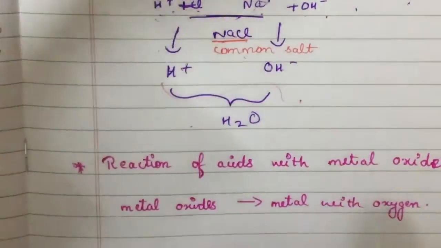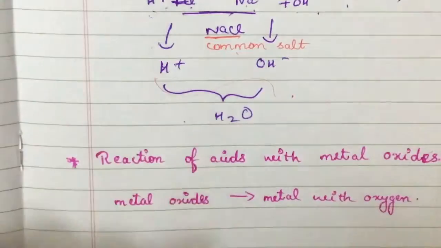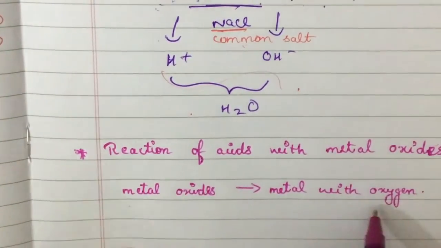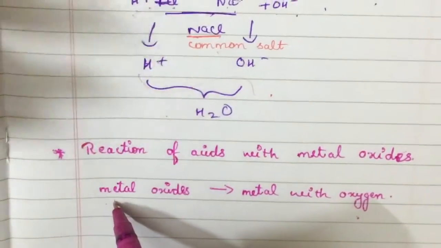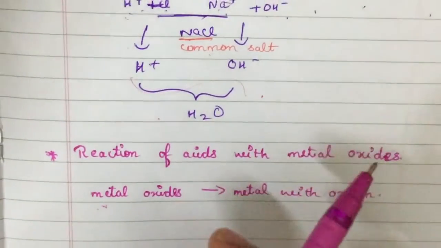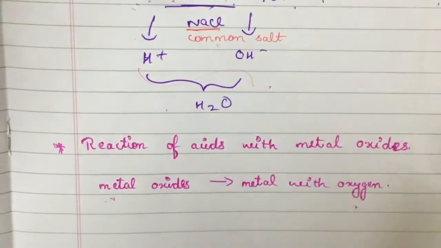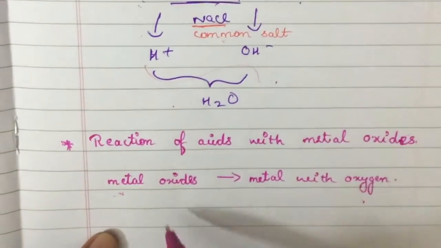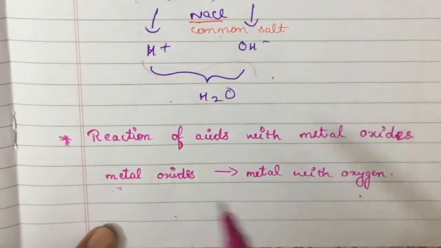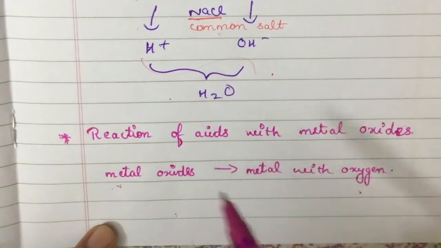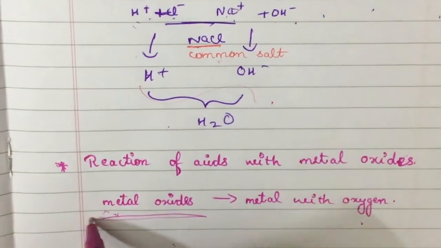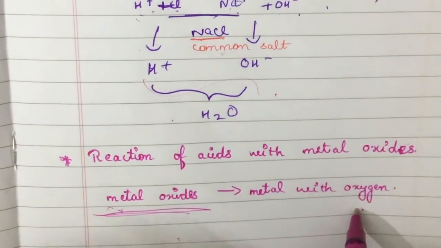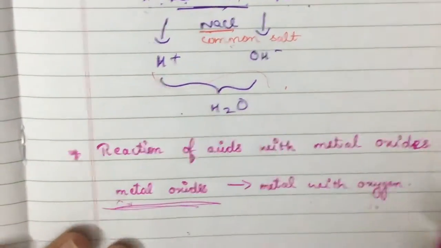And there are various examples for these metal oxides. Metal oxides are metals with oxygen group, and we have studied about metal carbonate and metal bicarbonate. Metal carbonate means the metals contain the CO3 group, and metal bicarbonate means the metals with HCO3 group. Similarly, metals with the oxygen group are known as metal oxides.